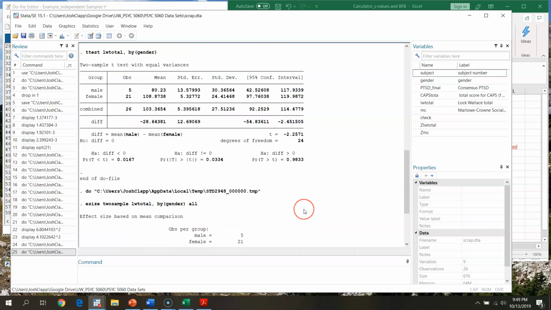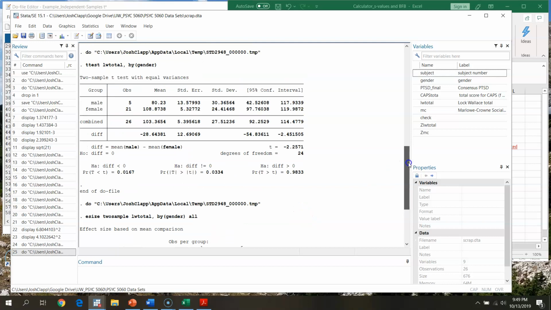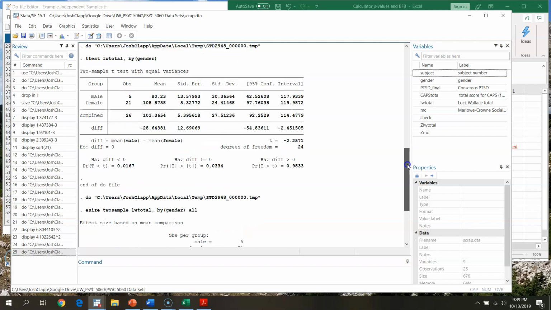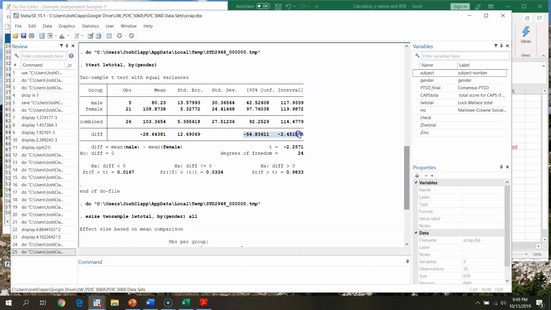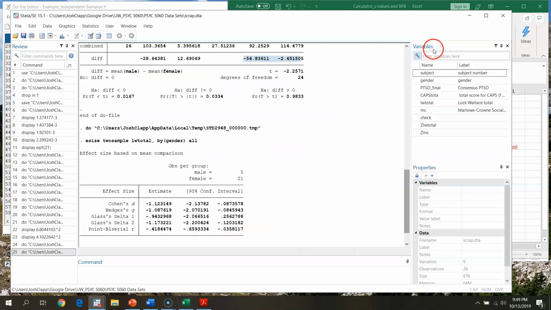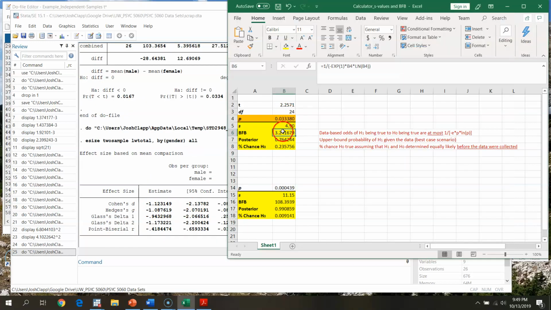We would need to be cautious in terms of how strongly we conclude this is something we're confident is going to replicate. So again, we calculated our confidence intervals, our statistical test, our effect size, and then our S value and our Bayes factor bound here.